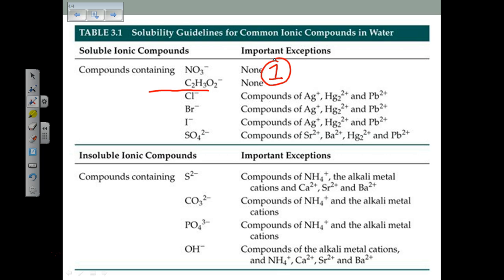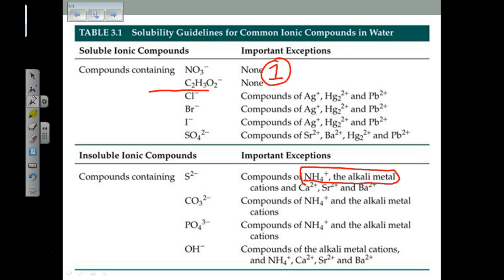I'm going to put a 1 here, that we commit that all nitrates, no matter what, are soluble, and all acetates are soluble. This is the acetate ion, they are soluble no matter what. Commit those to memory.